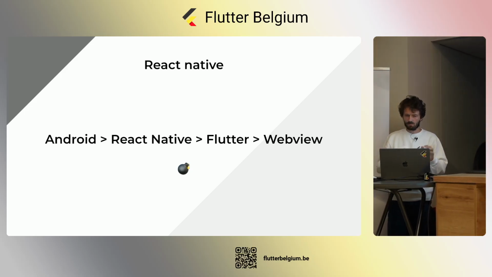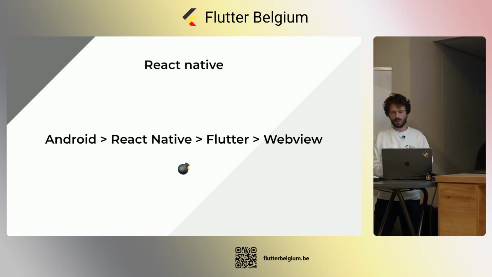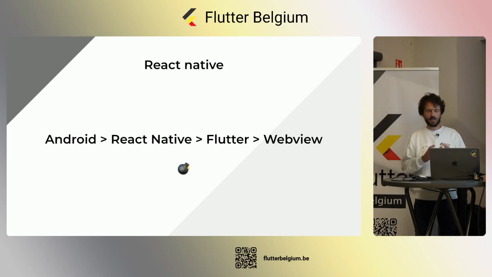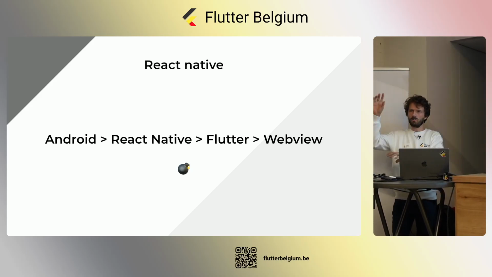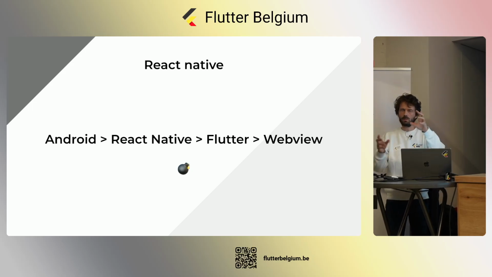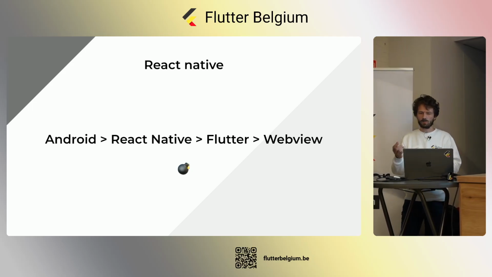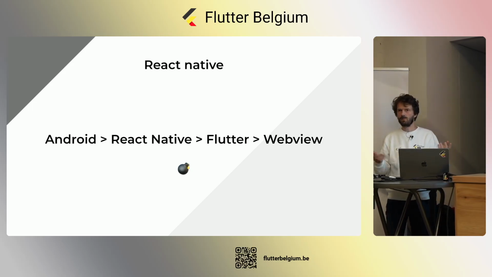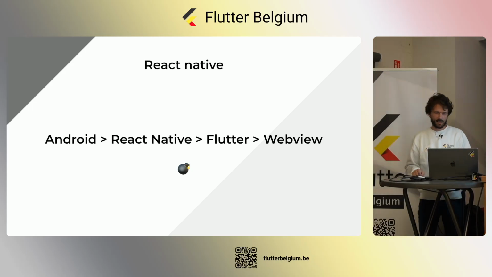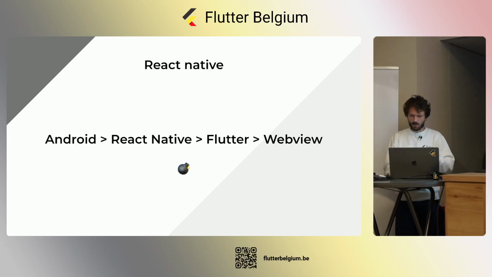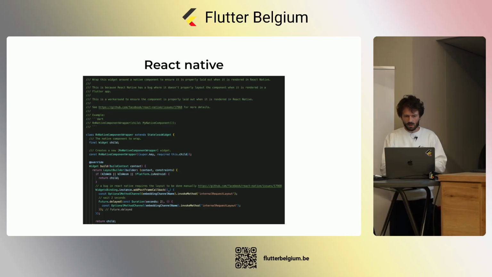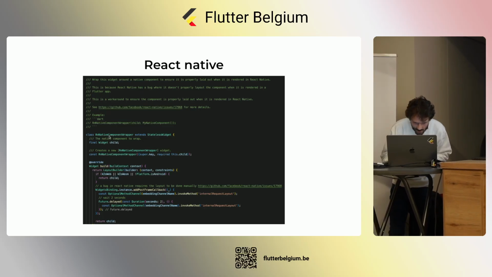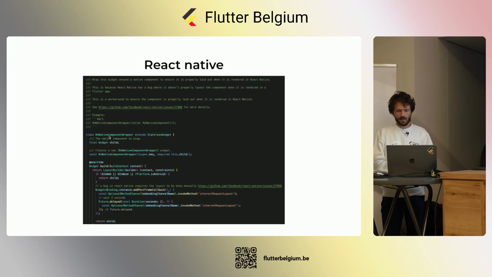On iOS it works, but on Android, React Native is using their own layout manager to lay out all the stuff, or even the native widgets, and they don't talk to each other with Flutter. So as part of the embedding plugin, I gave you the React Native component wrapper.